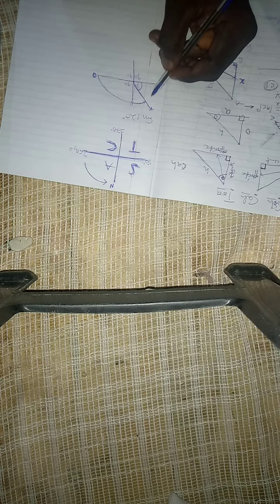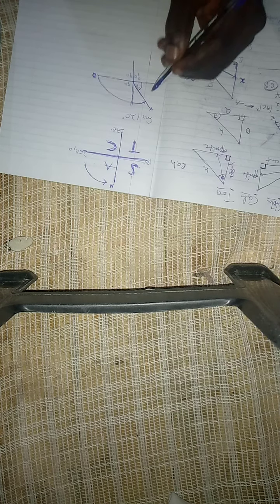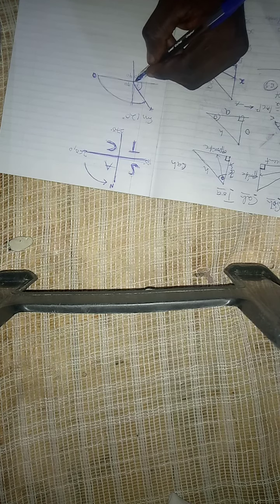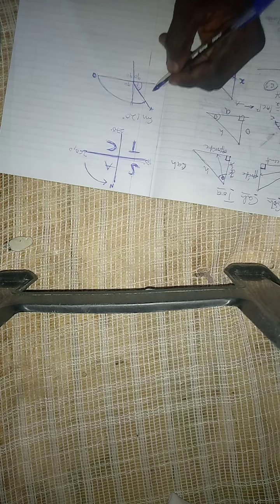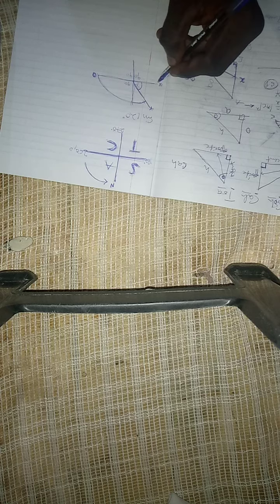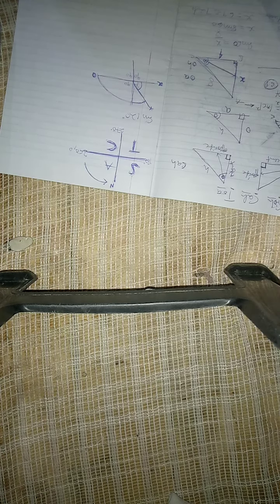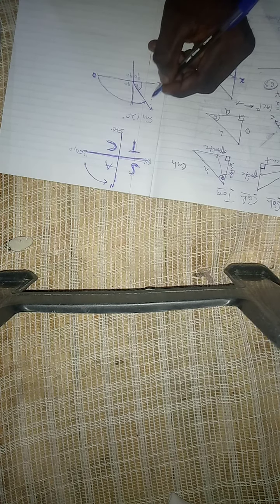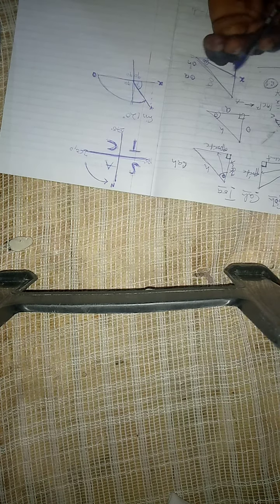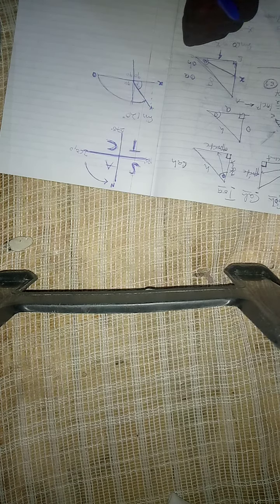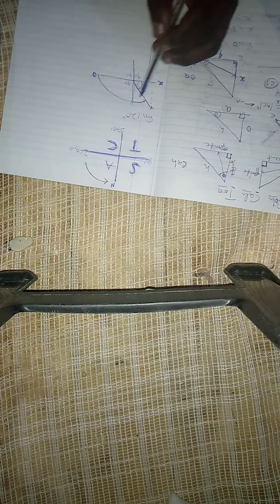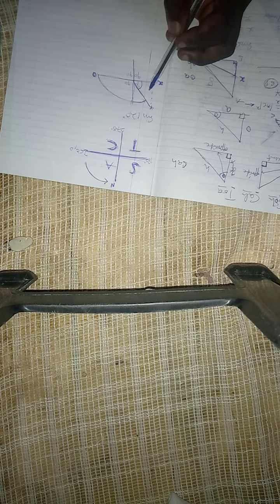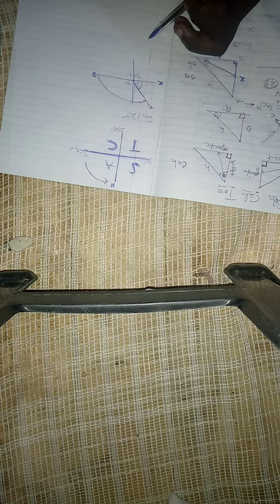The angle that we are interested in right now is the angle that the radius forms with the x-axis. So whenever you are given a question like this, find the sine of something or find the tan of something, you trace it in the anti-clockwise direction.